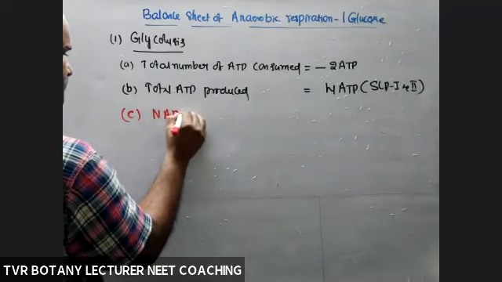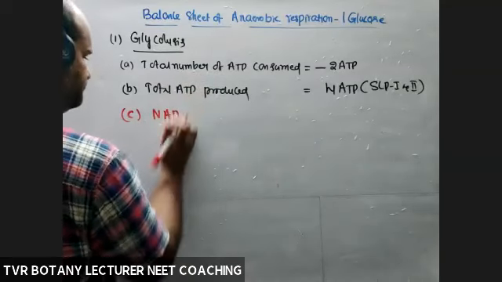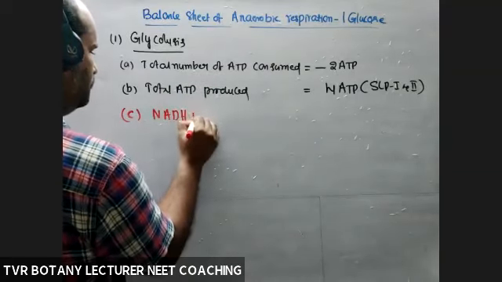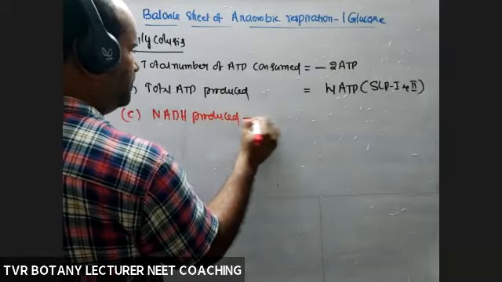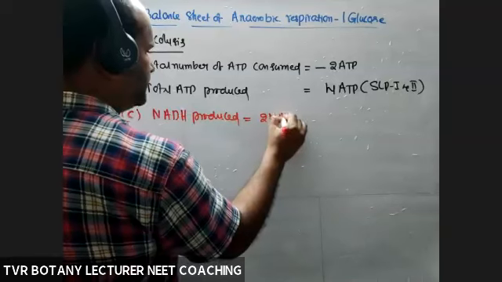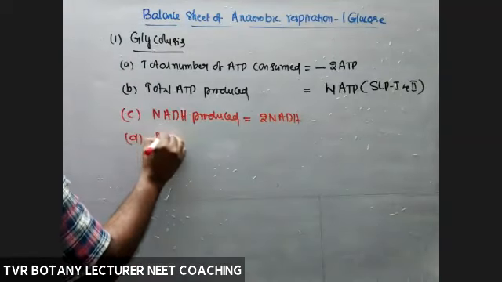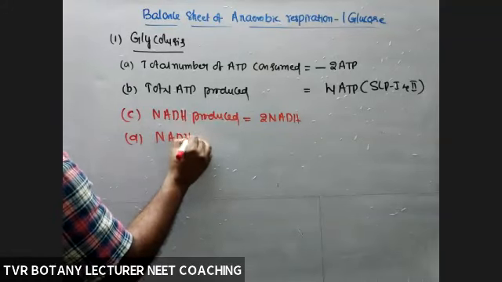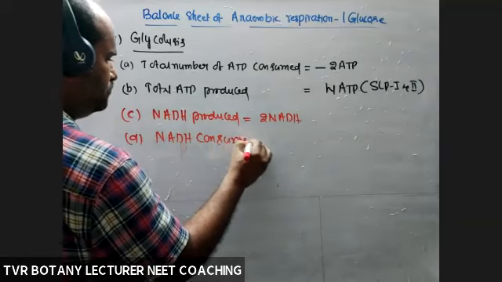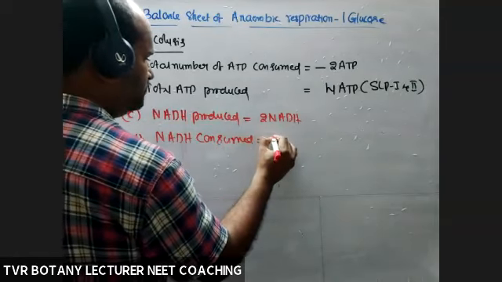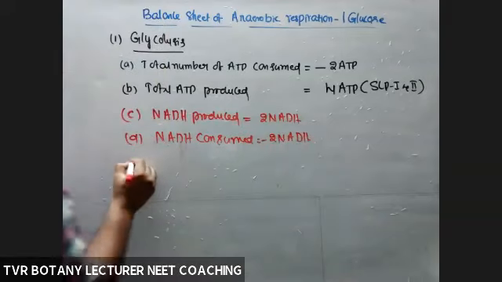Next, the third one is very, very important. NADH produced: how many? 2 molecules of NADH produced. Next, NADH consumed: 2 molecules of NADH.